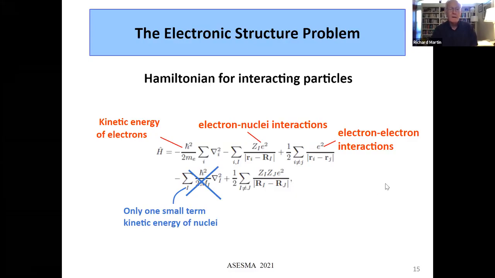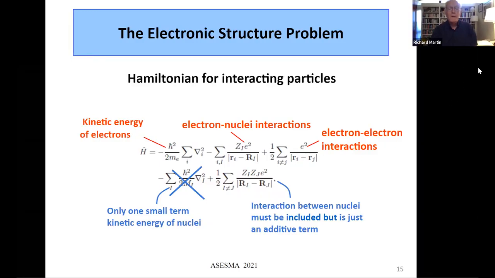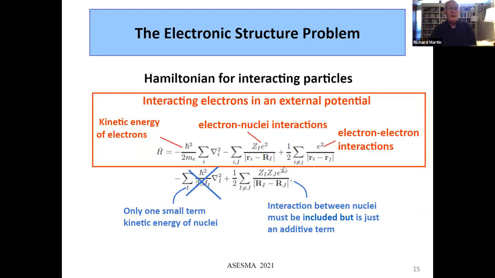The other term is just the interaction between the nuclei, which is basically just a classical additive term that can be included or not. And it's just always additive. And the essential problem is the top line, interacting electrons in an external potential. The external may mean the nuclei, or it may mean other kinds of potentials applied to the electrons.